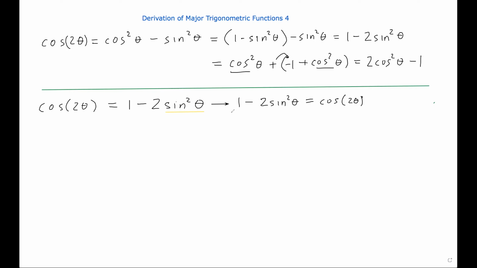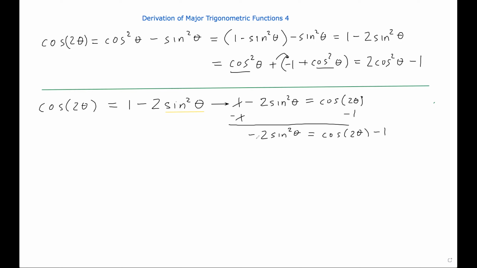Okay, so first we could subtract a 1 from both sides. So we subtract the 1, this cancels, that cancels. So we have negative 2 times sine squared theta equals cosine of twice theta, 2 times theta minus 1.